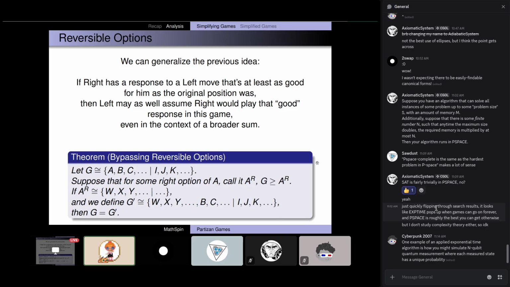And just to be clear, you could take one of those hyper-comparable things and throw in some dominated options to make it not a number anymore, but it's still equal to a number. So not everything that's equal to a number is in this comparable world. Right. No, because you could throw in some crazy dominated options.